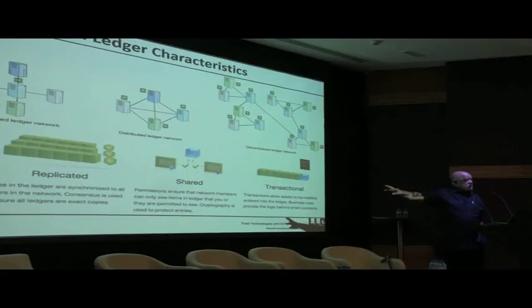The type of ledgers that could be involved are replicated ledgers, shared ledgers, or transactional ledgers. Again, do not worry about transactions because there are chains out there that compete and even do better than Visa with its 65,000 transactions per second.